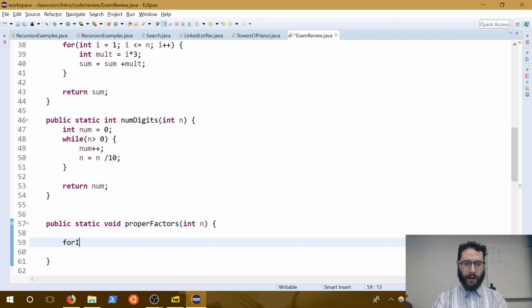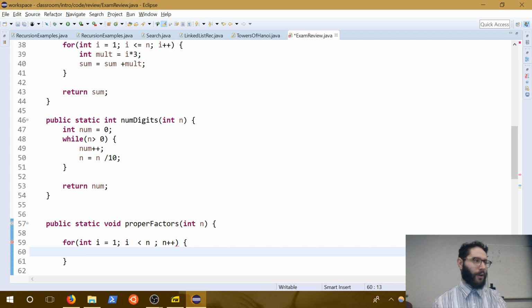So for int i is equal to 1, i is less than n, because we don't want to include n as a proper factor of it. n is not a proper factor of n. Here we're going to check all the numbers from 1 up to, but not including n, and we're going to check to see if n is divisible by all those numbers. How do I do that? I wrote a for loop over here to go through all the numbers 1 through n. So i represents each number.